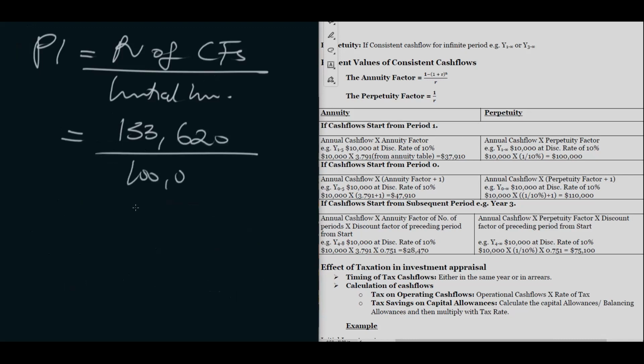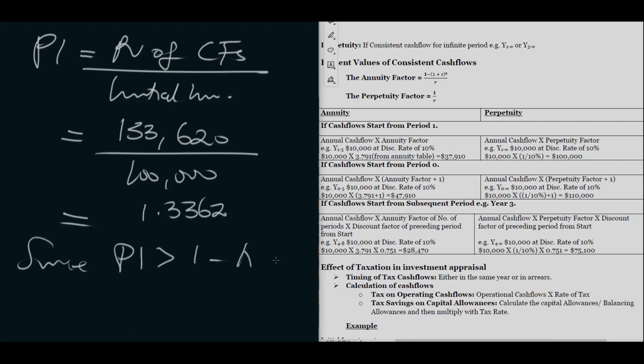That means this one gives us 1.3362, not so, which means that since your PI is greater than 1, you accept. You accept this project because for every 1 cedi that is put in the business, you get that 1 cedi plus an additional 0.3362. That means it's a good investment. We should accept this investment.